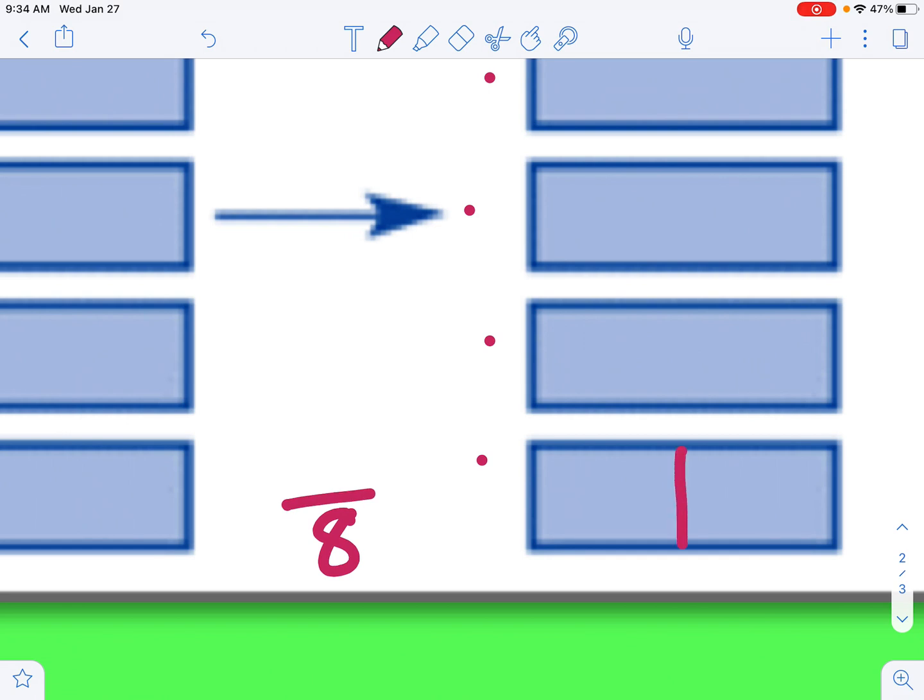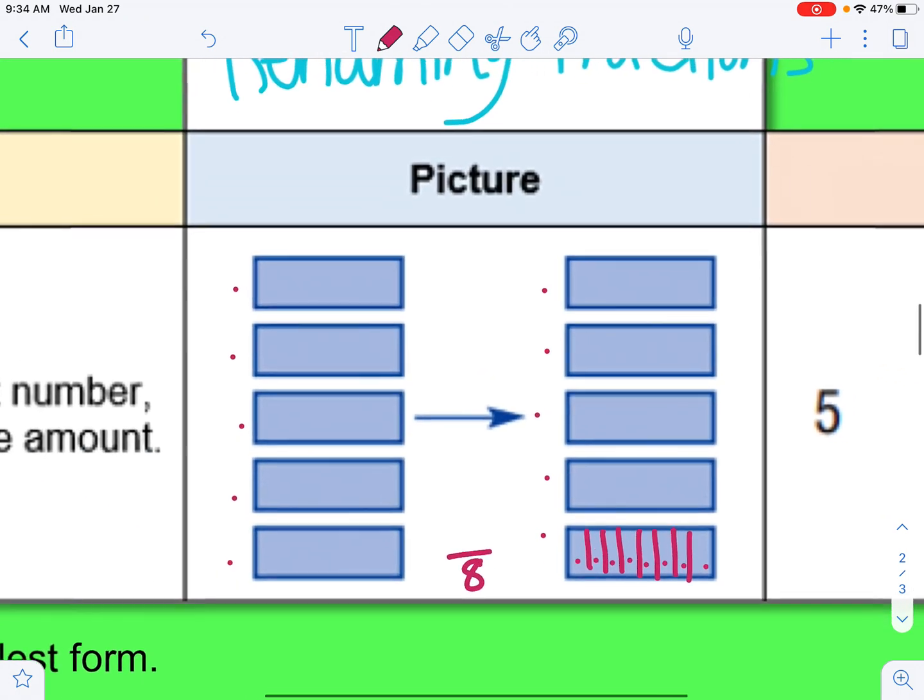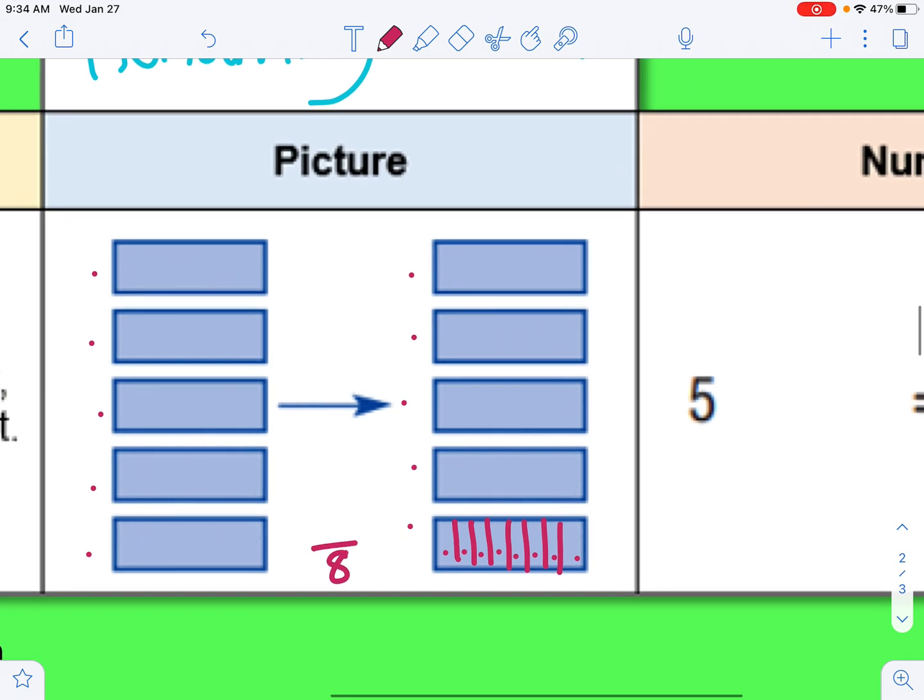We can break this box up into eighths. Is that 8? 1, 2, 3, 4, 5, 6, 7, 8. Yes. It's the exact same amount. I didn't add any boxes. All I did was split up one of my wholes into eighths.